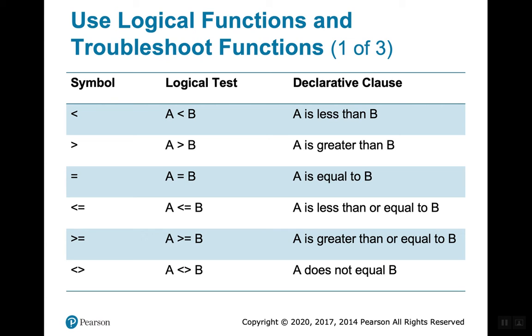Something to remember, because this is something people will always forget, is that less than is not the same thing as less than or equal to. All right. So the set of numbers that are greater than 100 start with 101, versus numbers that are greater than or equal to 100, which starts at 100.